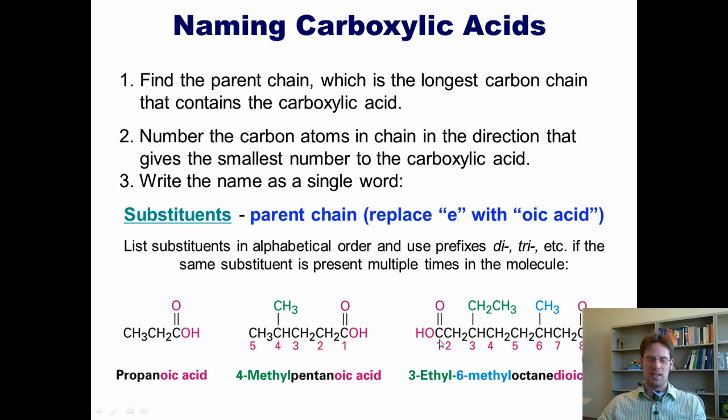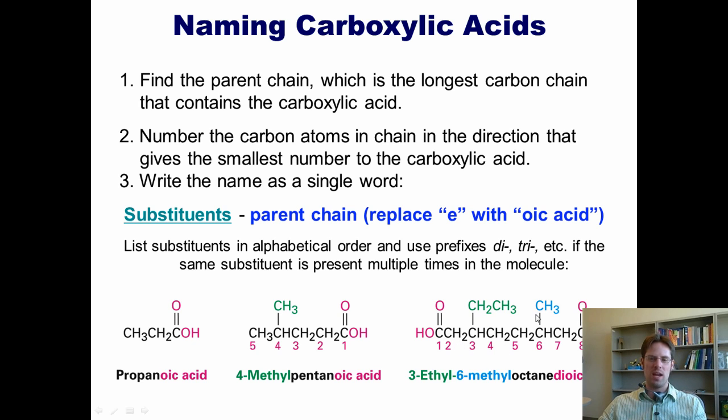This is an interesting compound. It has 2 carboxylic acids, one at position 1 and the other at position 8. We number in this direction going left to right because it gives us the lower number for the substituents. Selecting the opposite direction for numbering would give the same numbers to both carboxylic acids.